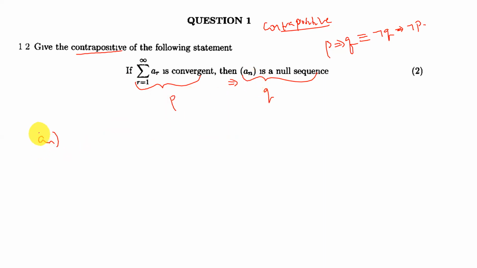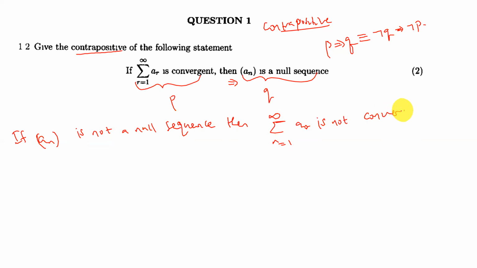The contrapositive is: if a_n is not a null sequence, then this series is not convergent. Now you must oppose the convergence part.